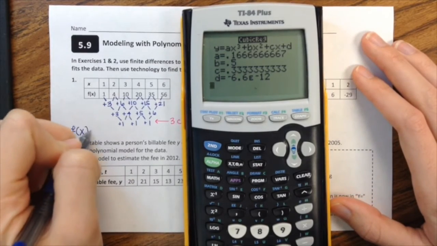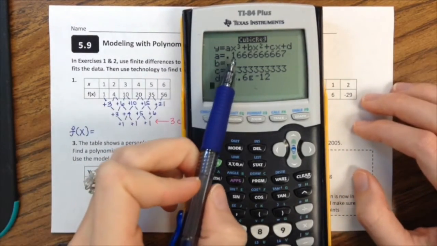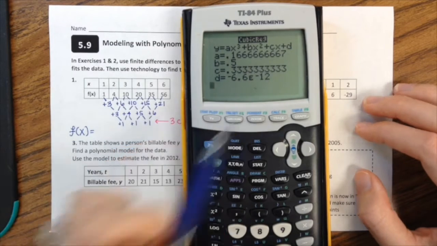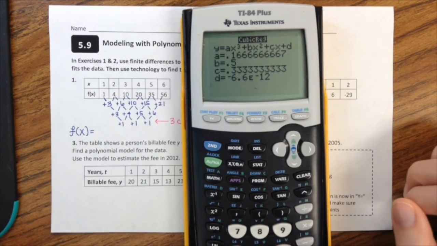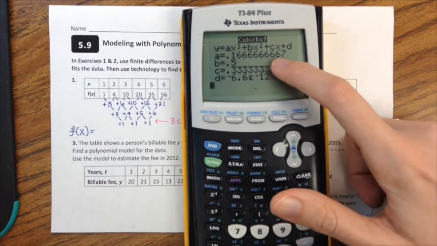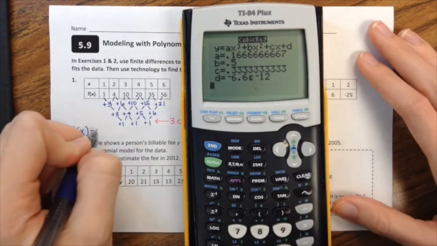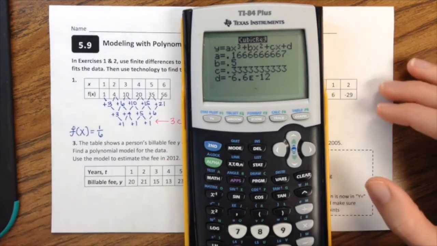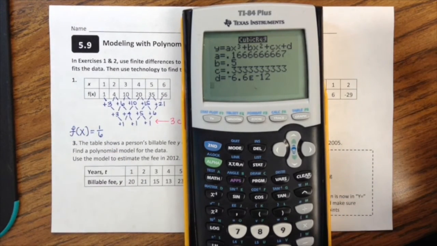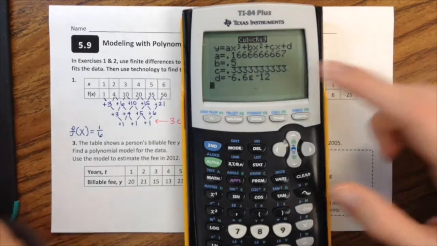F of x equals 0.166666667. I don't want you to write that as a decimal. I want you to write that as a fraction. 0.1666667, where the repeating 6 is 1/6. And if you didn't know how that was 1/6, I will show you in a minute how to find that in the calculator.